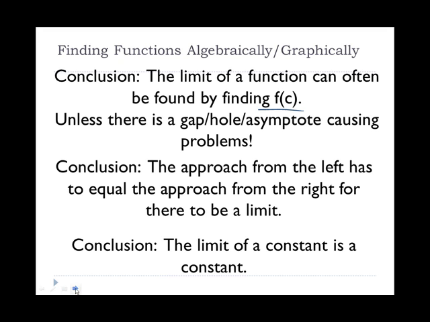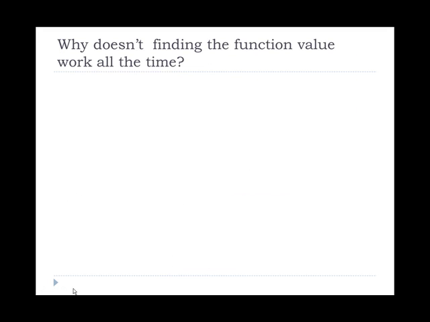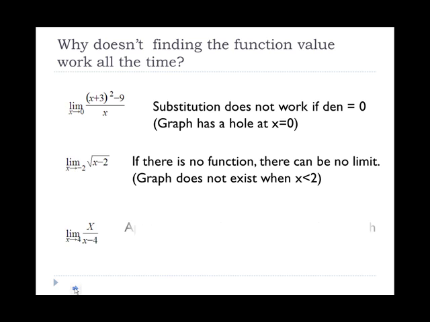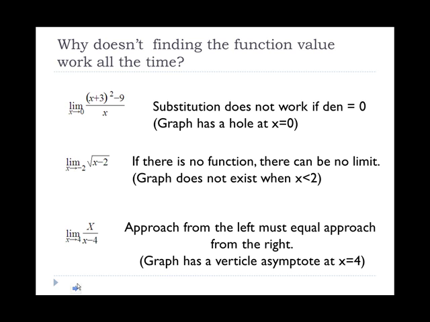So let's look at the 3 situations when there are possibly no limits, or not necessarily that there are no limits, but that we can't find it by plugging in. So the first example is an example where our function has a 0 in the denominator.